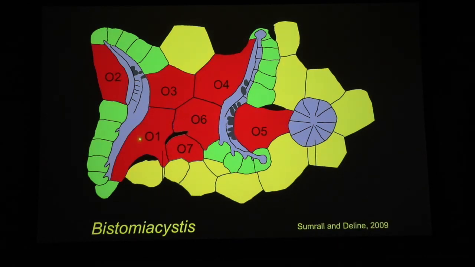Here's our three posterior oral plates, O1, O6, O7 with the hydropore and gonopore. O2 and O5 are positioned here. And then these in green are the floor plates coming off. There's actually nothing weird about this other than the peculiar nature of these plates. Their number and their position is unchanged from the original model.